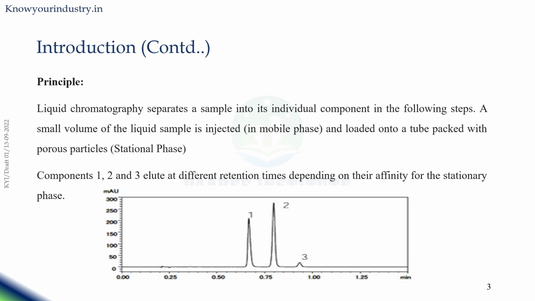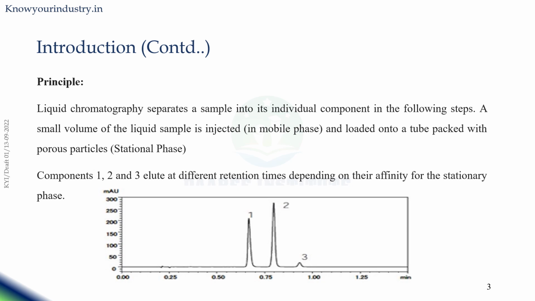As we have seen, liquid chromatography separates the compound or the sample or an extract or a mix of compounds, like a formulation or any other matrix, into the individual components.